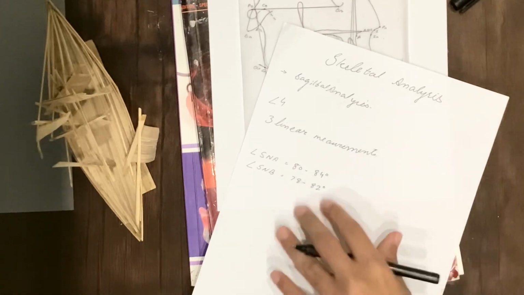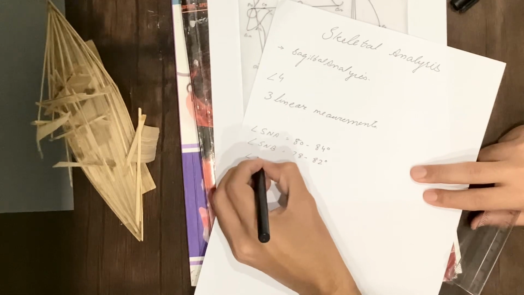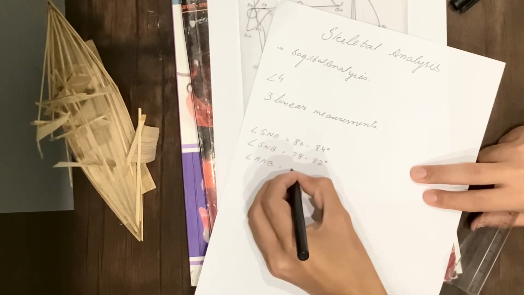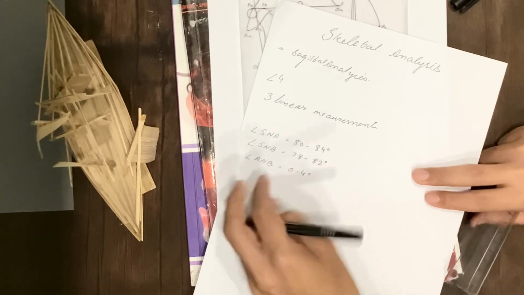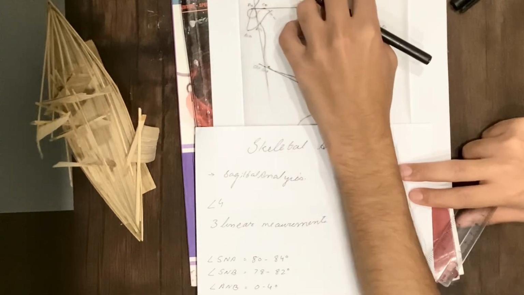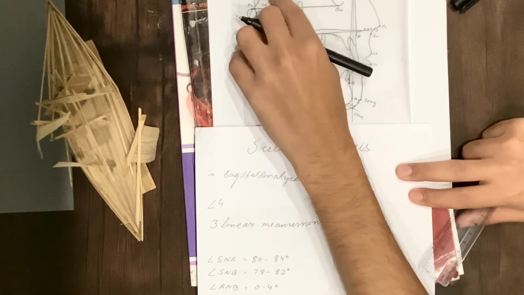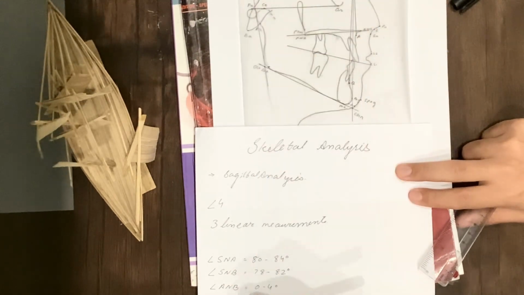The difference between these two angles, SNA and SNB, should be 0 to 4 degrees. So SNA should be 80 to 84 degrees, SNB between 78 to 82 degrees, and the difference between SNA and SNB, which is the ANB angle, should be 0 to 4 degrees.